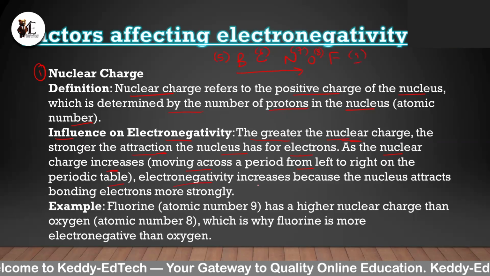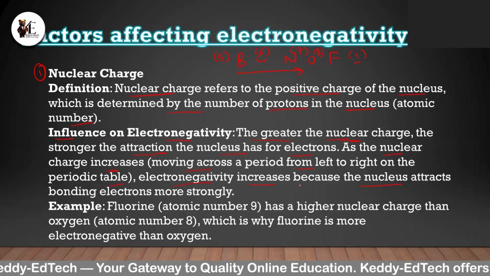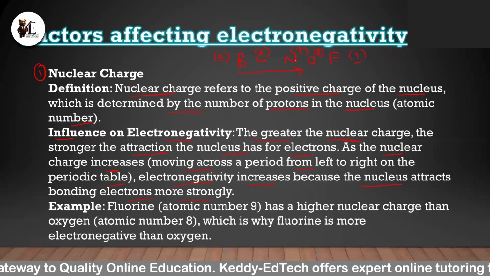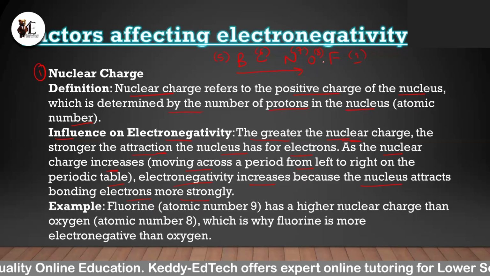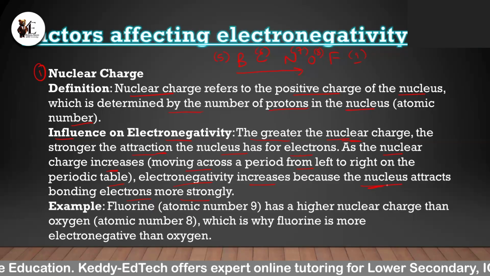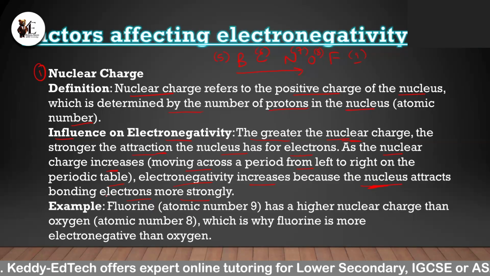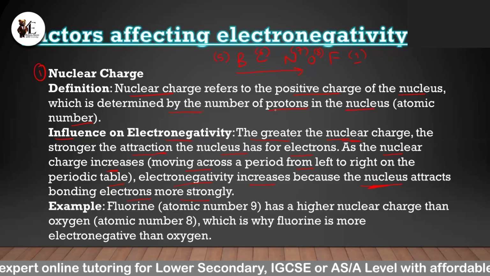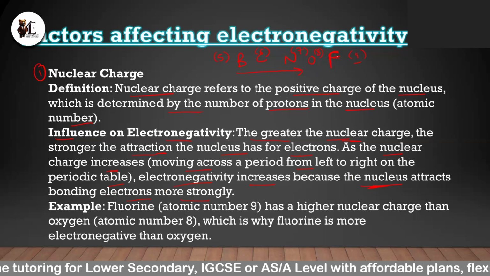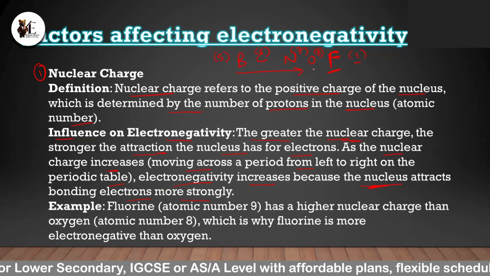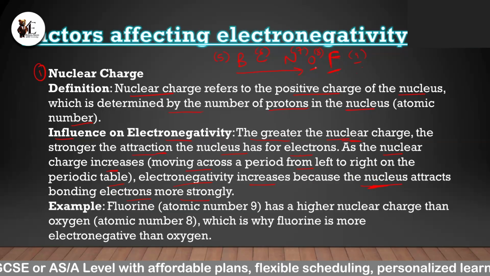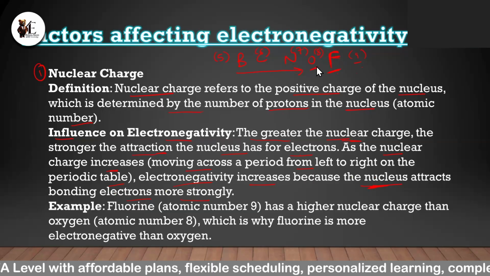So electronegativity increases because the nucleus attracts bonding electrons more strongly. As I told you, if nuclear charge increases, electronegativity also increases because the positively charged nucleus attracts the bonding electrons more strongly. For example, fluorine, which has atomic number 9, has a higher nuclear charge compared to oxygen because it has a higher number of protons. That is why fluorine is more electronegative than oxygen.